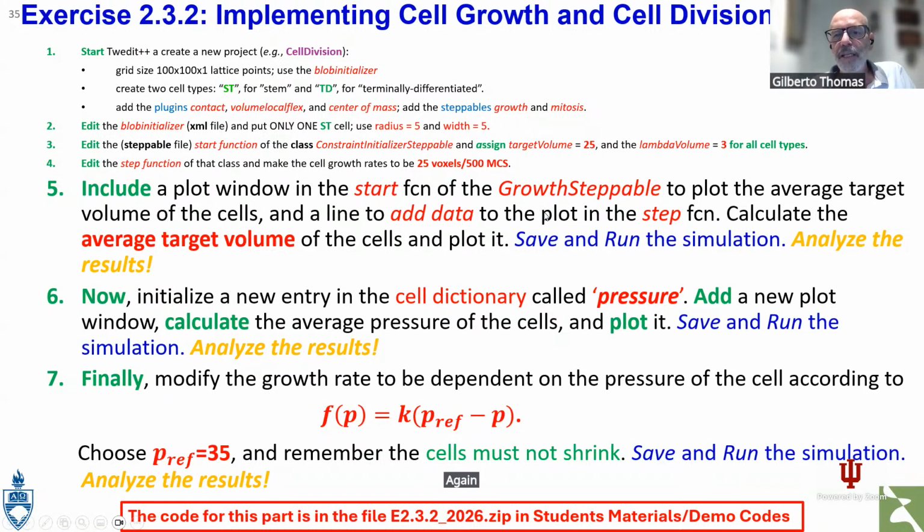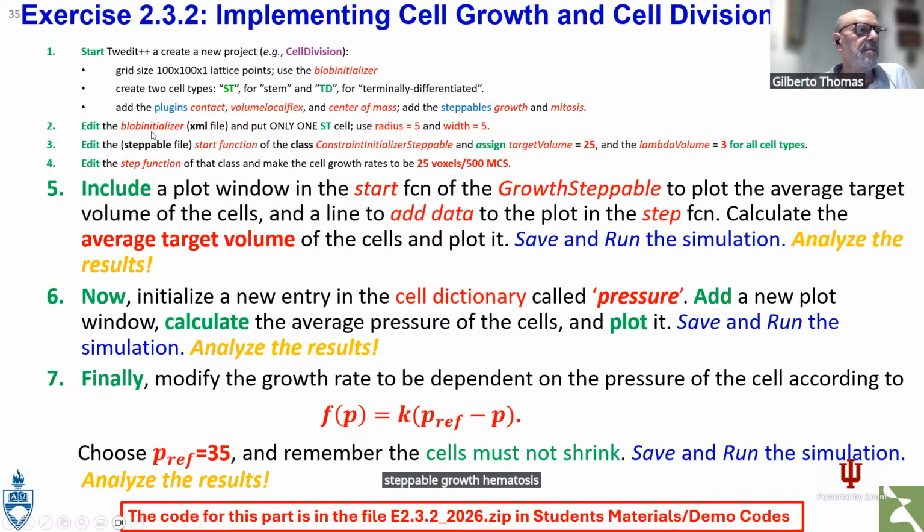Again, start a new simulation from scratch because it's easier than modifying the existing one. Again, the roadmap is there. The initial 5 steps are the same as before. We can use 100, 100 as the lattice, 2 cell types, SCT, TD, BlobInitializer, same plugins as before: contact, volume, center of mass, and steppables, growth and mitosis.